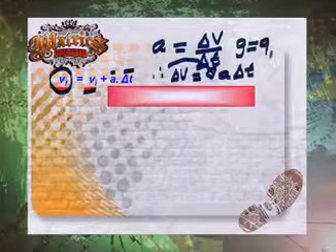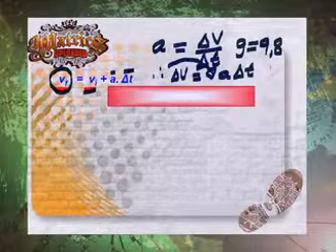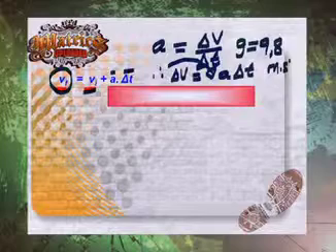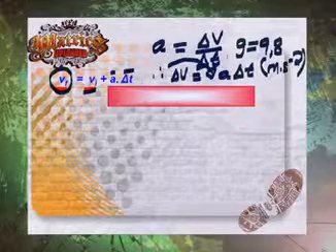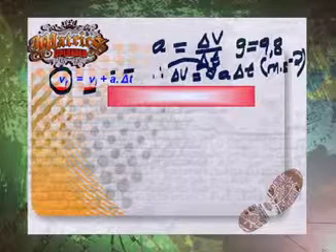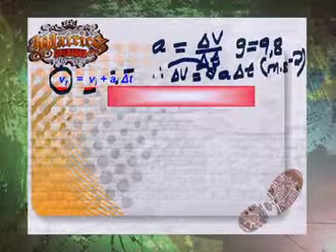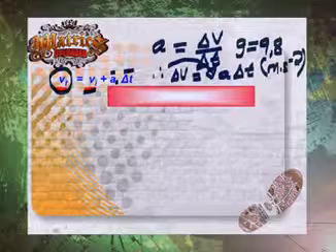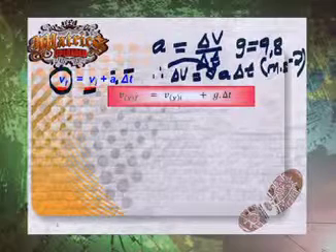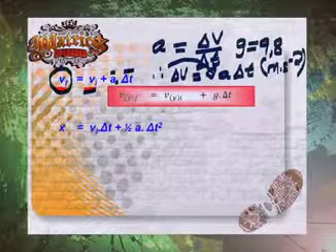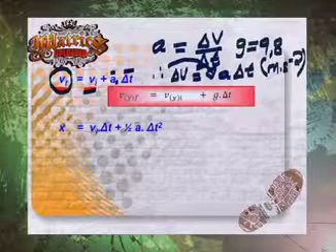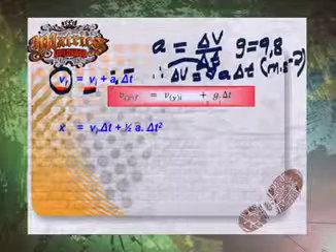That's 9.8 meters per square second. So that is G. What does that mean? It means that for every A that we see, we are going to see G coming into that, like you see, V final equals V initial plus G delta T.